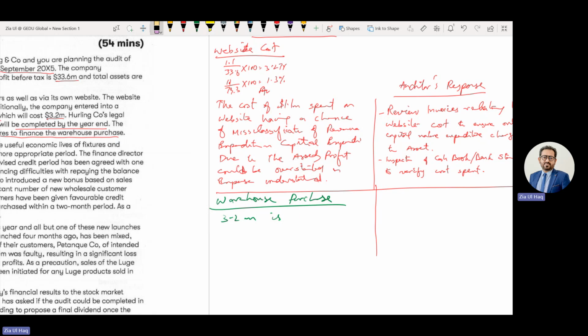What percent of total assets? 79.3. 3.2 divided by 79.3 multiplied by 100. 4% is 4% of total assets, and hence material.